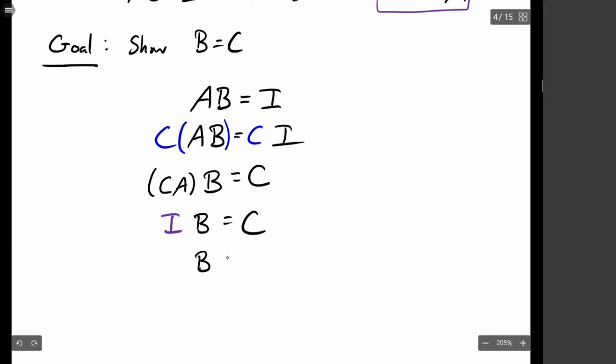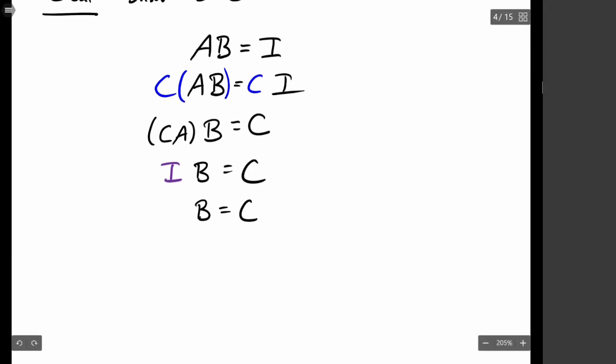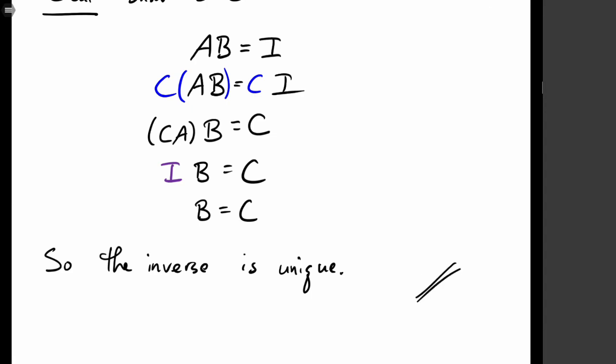So B equals C. So the inverse is unique. So there's only one possible choice for an inverse if it exists.